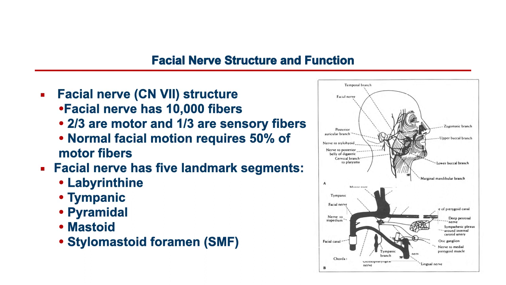Now, it's conceivable you could have facial paralysis with a brainstem tumor or something affecting the facial nucleus in the brainstem. But the problems we see are almost always affecting the facial nerve after it exits the central nervous system, the brainstem. So there's the labyrinthine, tympanic, pyramidal, mastoid, and then the stylomastoid foramen components.